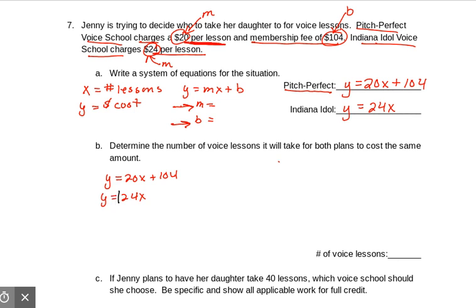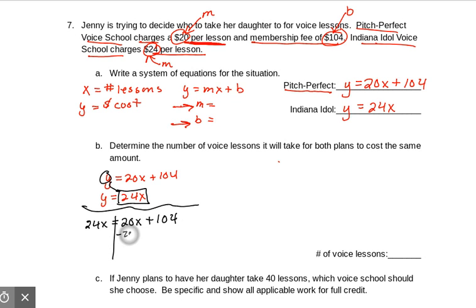So I'm going to take this one. It's a solved equation. It says y equals, I'm going to find my y. So my starting equation is going to look like this: 24x equals 20x plus 104. And I just simply need to solve that equation.